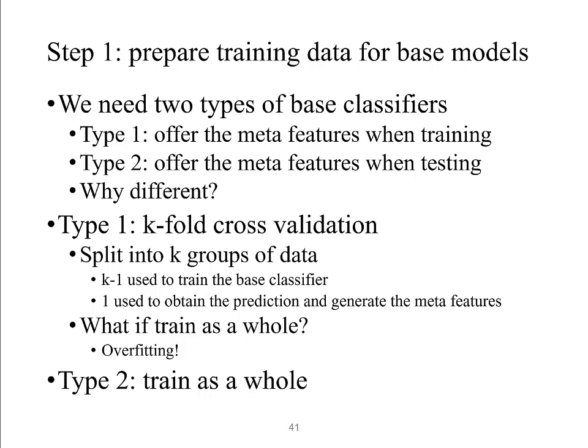So basically we split the training data into k groups, and in each iteration we use k-1 groups to train a base classifier, and the left-out one is used to obtain the prediction and generate the meta features. And this procedure will be repeated k times.